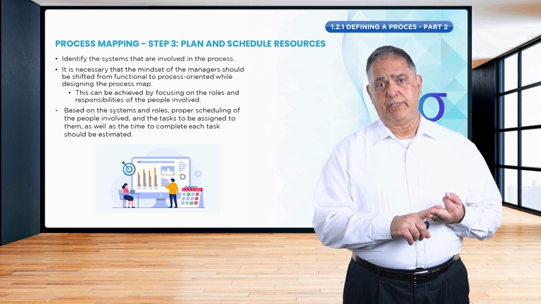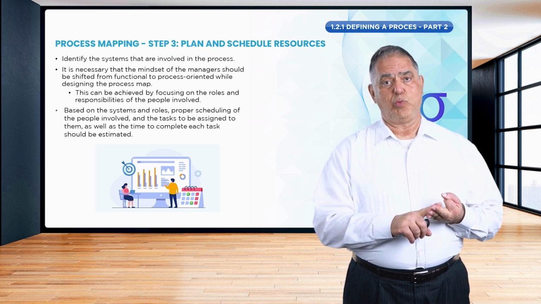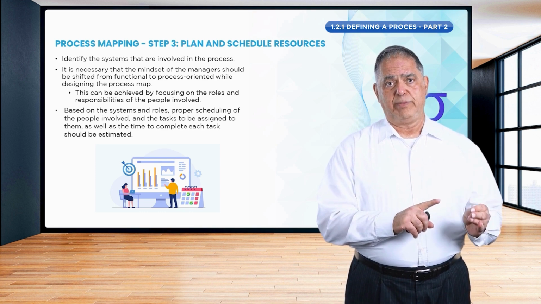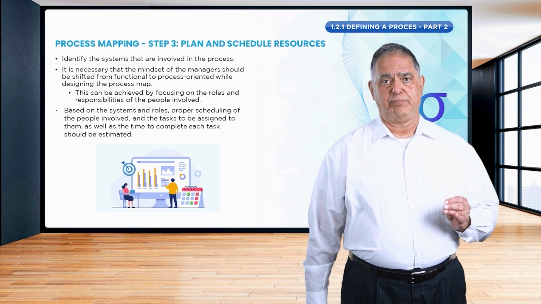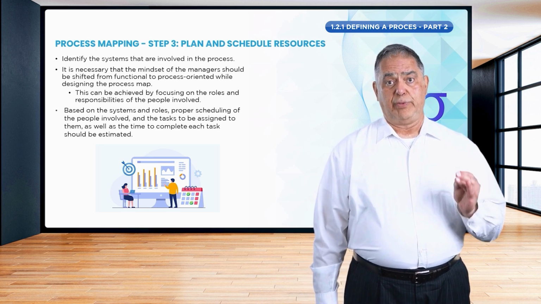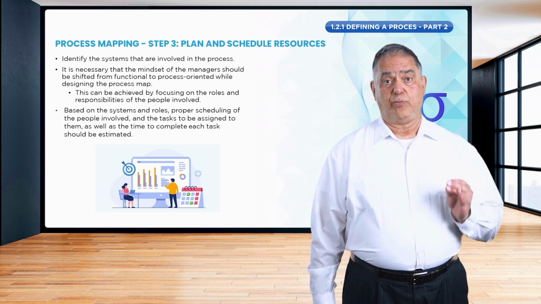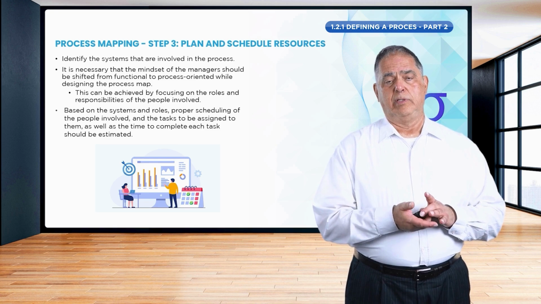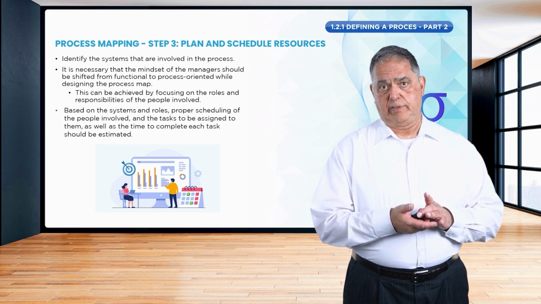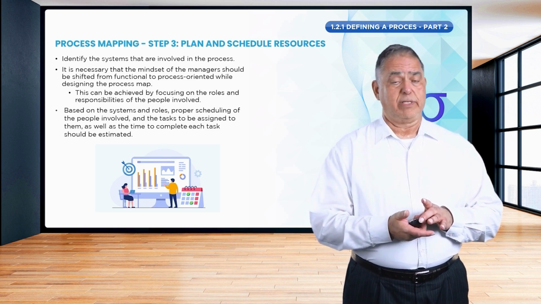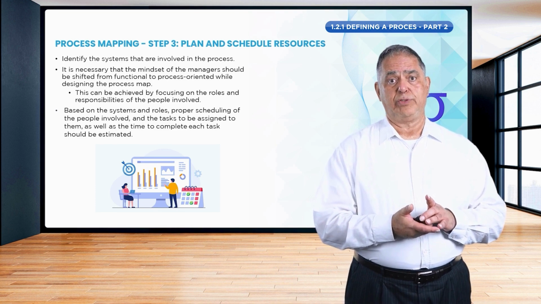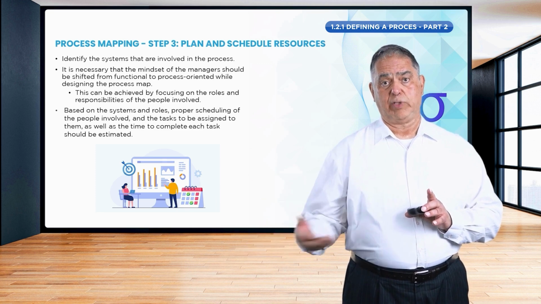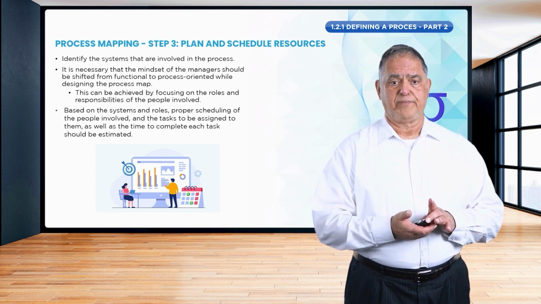And the third is how it should work. So during process mapping, we try to capture the reality of how the process really works. So we don't try to sugarcoat parts of the process that are not functioning properly. We want to bring them to light so we can analyze them and we can make improvements in the process.